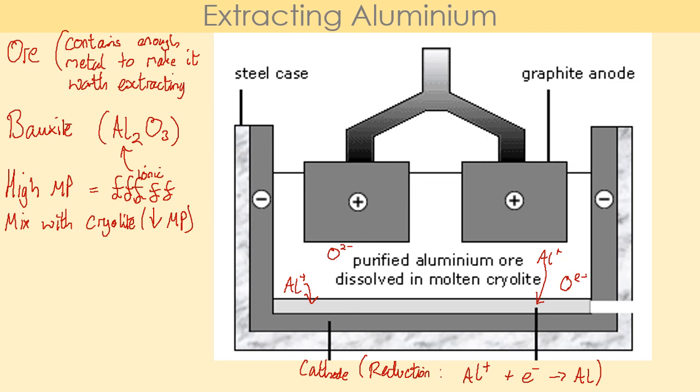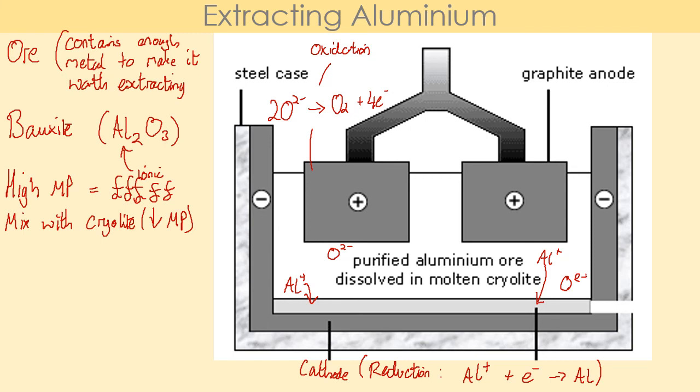Now, at our anode, we're going to get oxygen forming. So we'll have O2 minus will become oxygen, just balance it, plus 4e minus. At this stage, we have oxidation. Now, a key thing that will happen is that the oxygen produced here will react with the carbon in the electrodes.